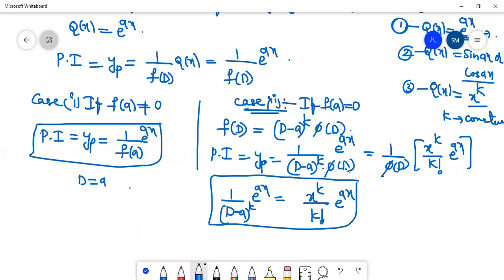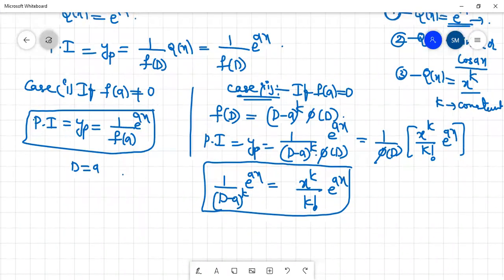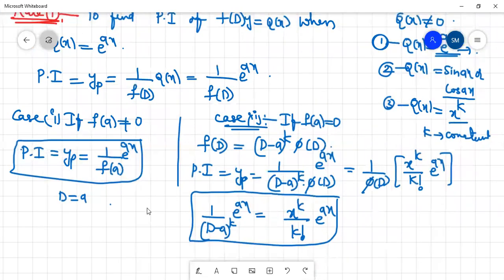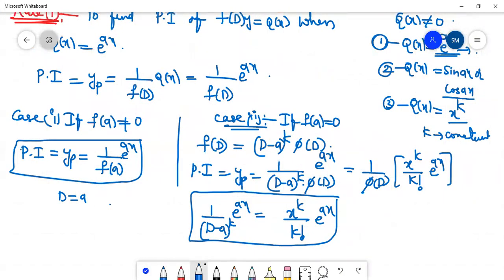And here I am giving one clue for you, just observe in the complementary function. In the complementary function yc, suppose a is the root, then the function will satisfy the condition f of a equal to 0.